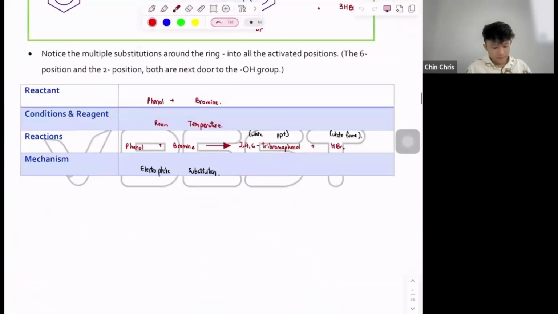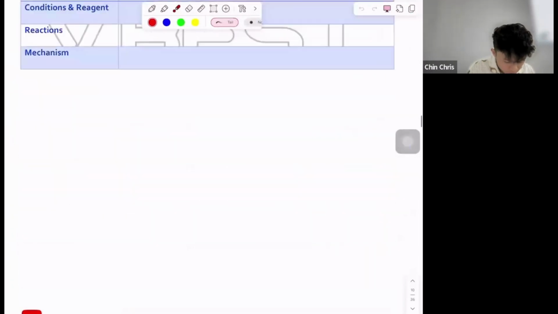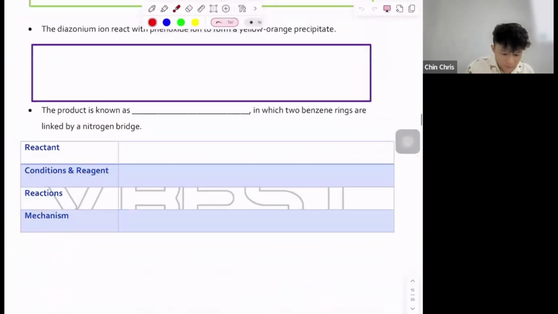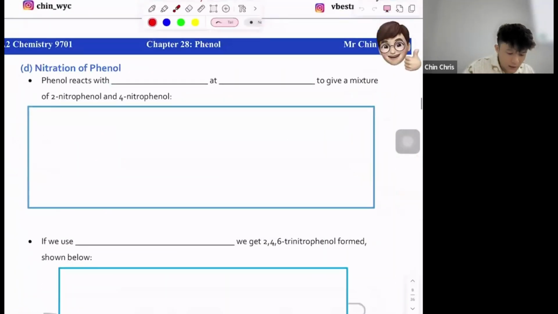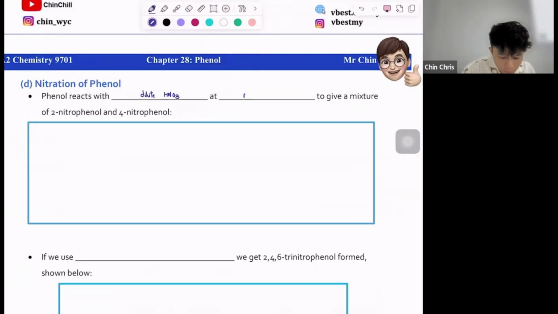Okay guys, next, nitration of phenol. Phenol can react with dilute HNO3, dilute nitric acid, at room temperature.